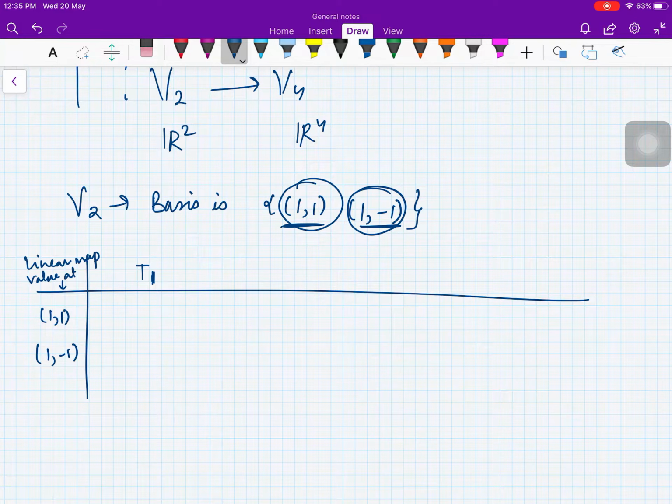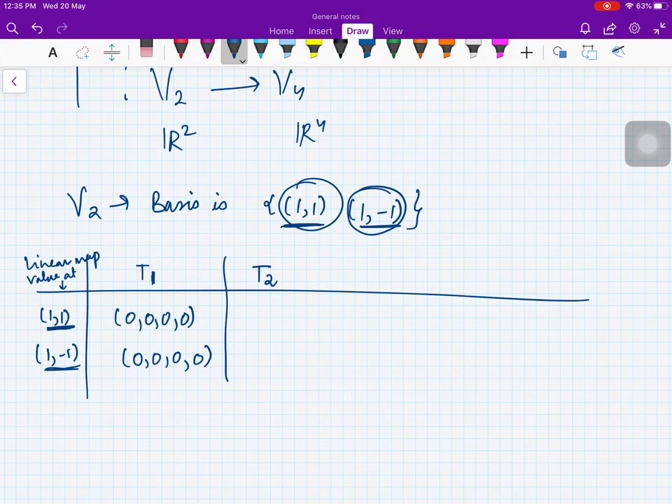For T1, we are constructing T1 such that it maps (1,1) to (0,0,0,0) and (1,-1) also to (0,0,0,0). Then you construct another map T2 which maps (1,1) to (0,1,0,0) and (1,-1) to (1,0,1,0).